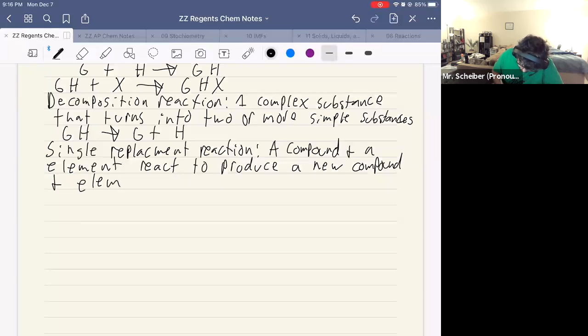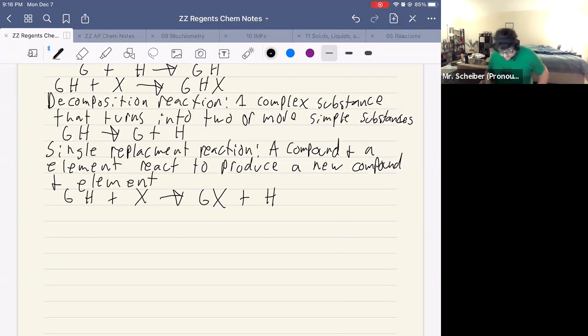And I'm not meaning that we're creating a brand new element. It's an element that wasn't by itself in the reactants. Let's take a look at the reaction. So GH plus X yields GX plus H.